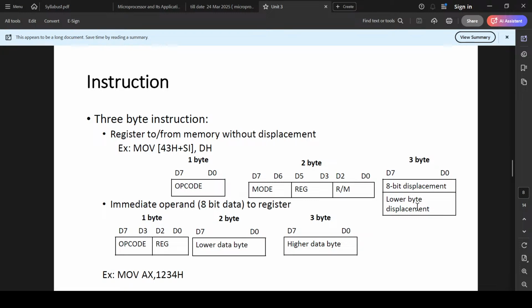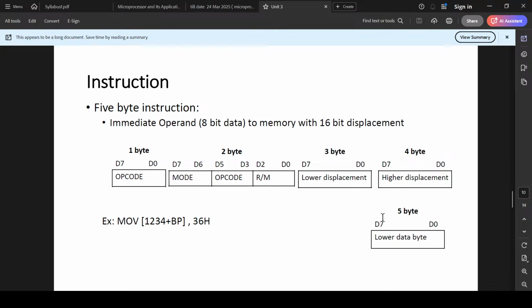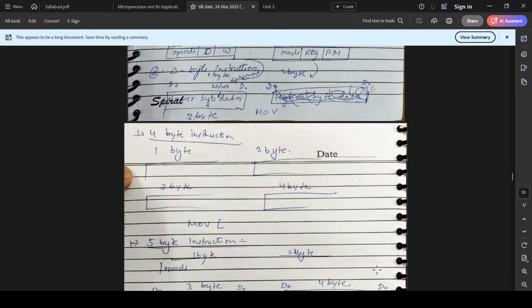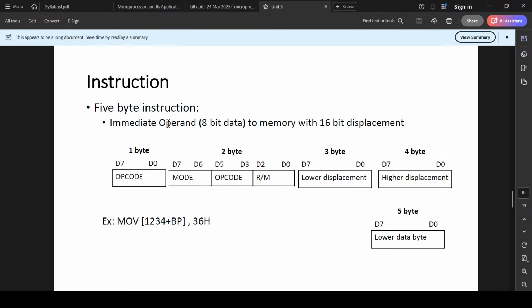Here we have only lower displacement. And segment. 5 byte instruction.